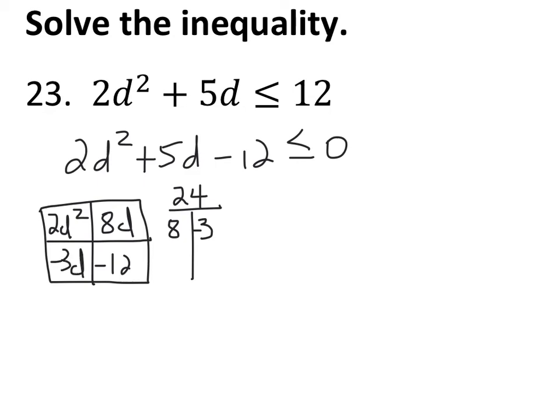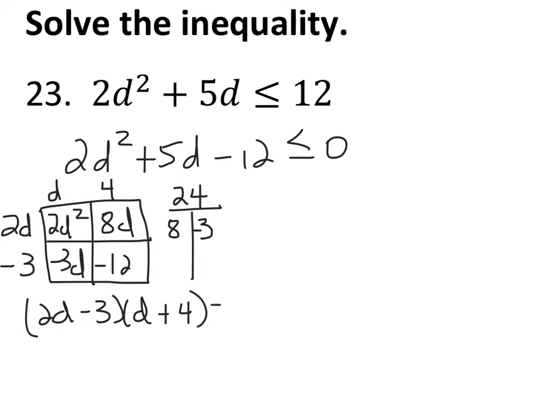And now I'm going to factor out of the box. Well, this one has a D in common. This one has a 4 in common. This one has a 2 and a D in common. And this one has a -3. So my factors are 2D minus 3 and D plus 4.